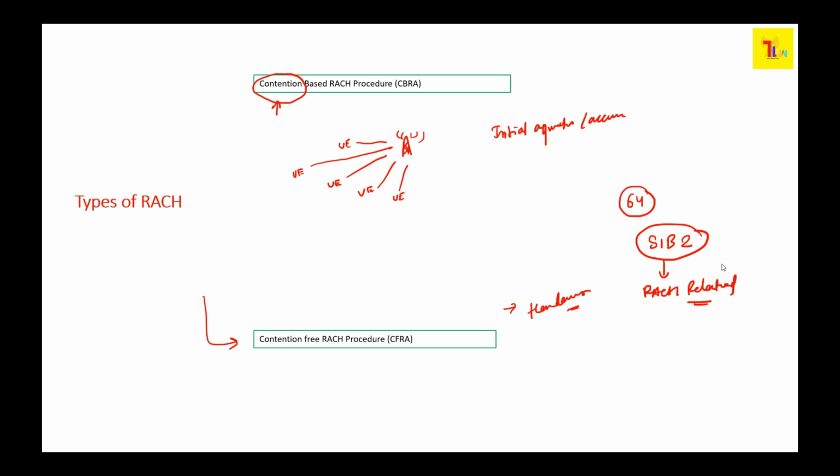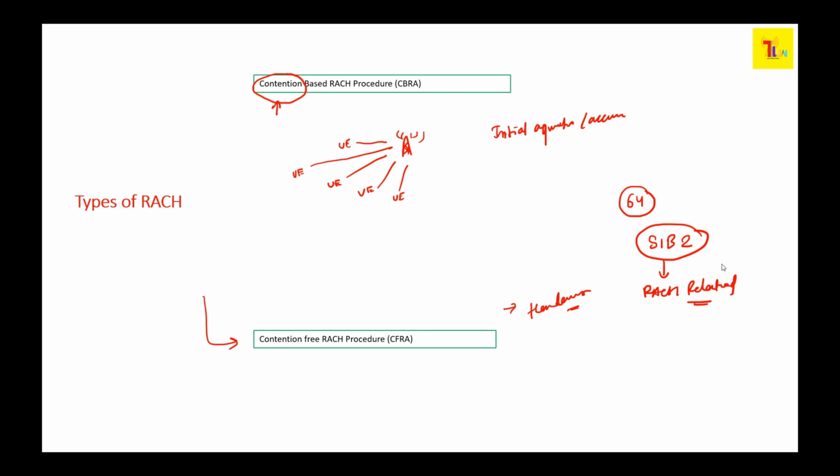So a lot of information elements are there in SIB2, where we will also focus on the PRACH configuration. In that PRACH configuration, we have important IEs like root sequence index, PRACH configuration index, and high speed flag. All those IEs we will go through one by one.